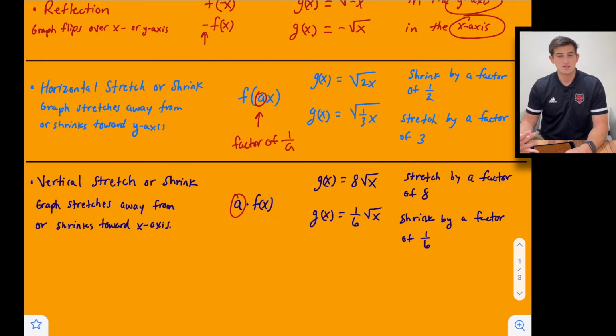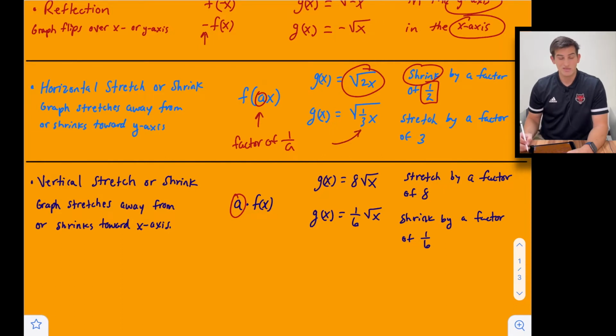And so once again, just like horizontal translations, horizontal stretches and shrinks end up looking opposite of what we would initially think. So if I see this square root of 2x, I might think, oh, okay, that's a 2, must be a stretch. Well, remember, it's actually by a factor of 1 over a, and a is 2, so 1 over 2, so it's actually a shrink by a factor of 1/2.